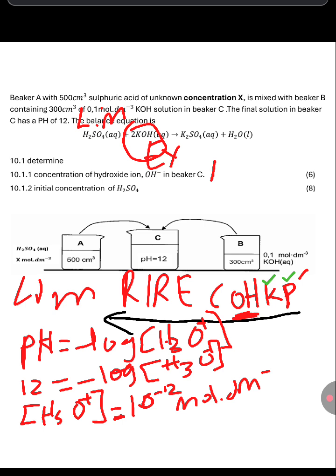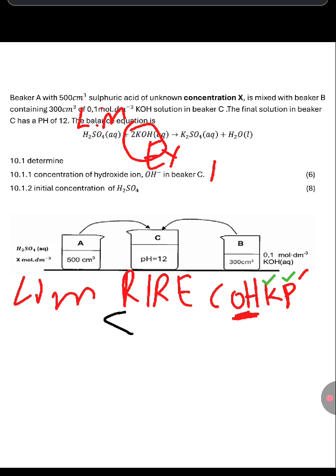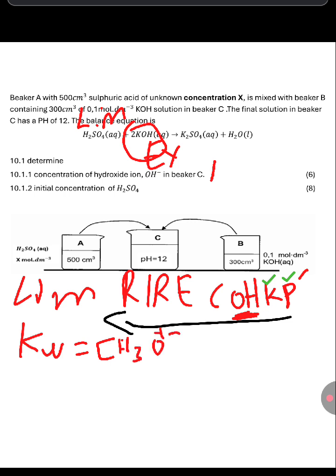So KW is equal to the concentration of hydronium ions multiplied by the concentration of hydroxide ions, which is equal to 10 to the power negative 14.